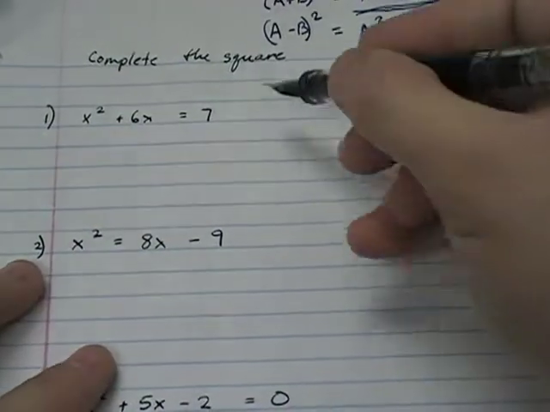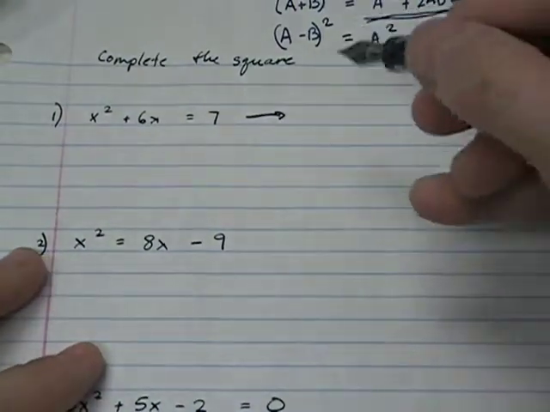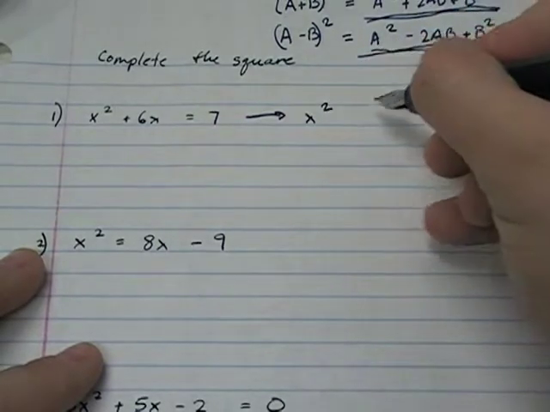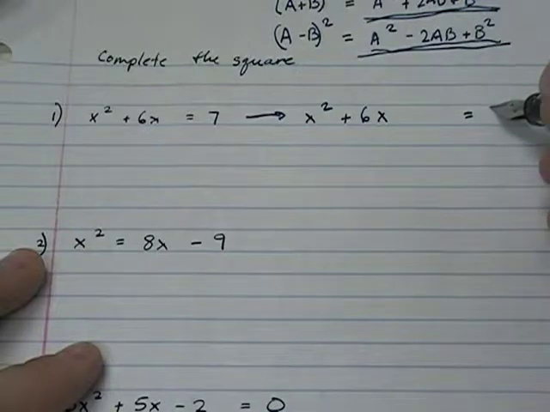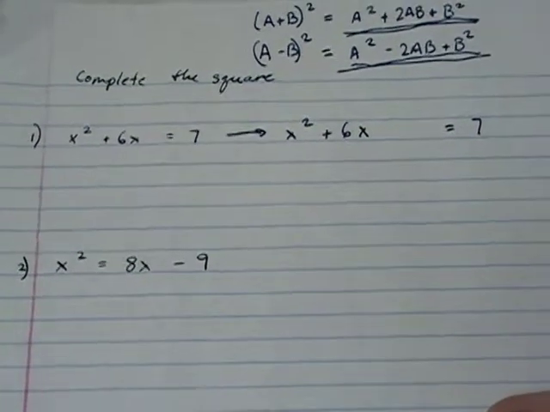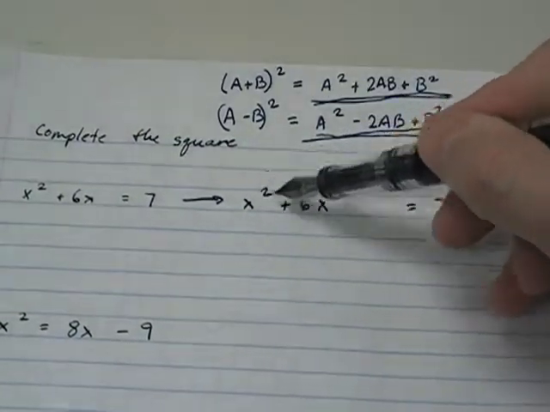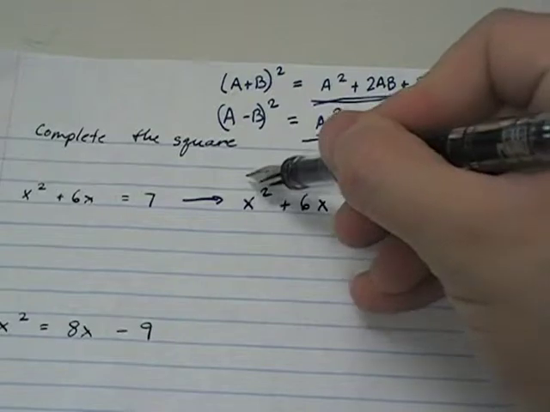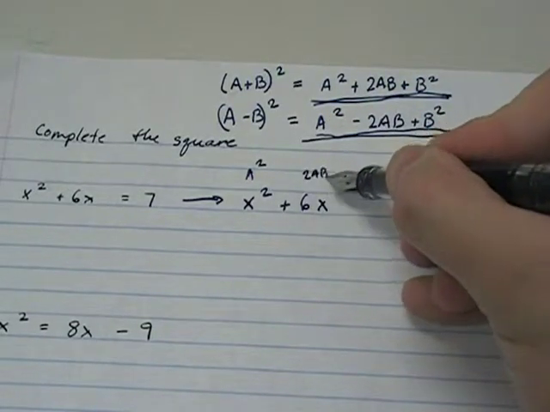Now, let's take this very first problem here. We have x squared plus 6x equals 7. So I'm going to rewrite this: x squared plus 6x, leave a big space, and then say equals 7. Now, what I'm looking for is this: this term here is a squared, and this is 2ab.